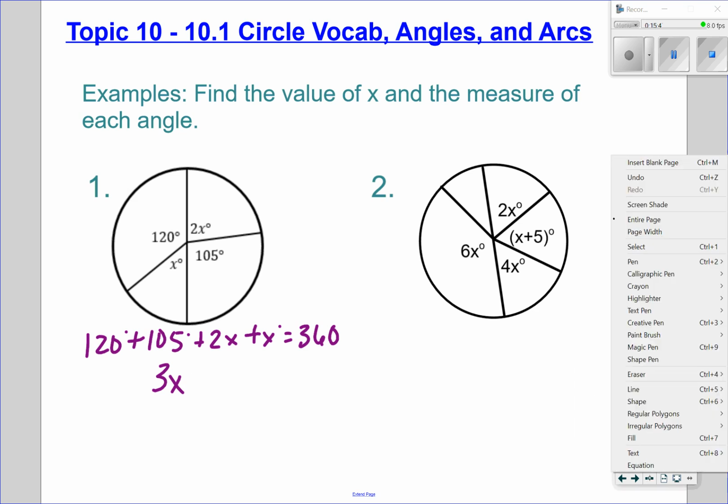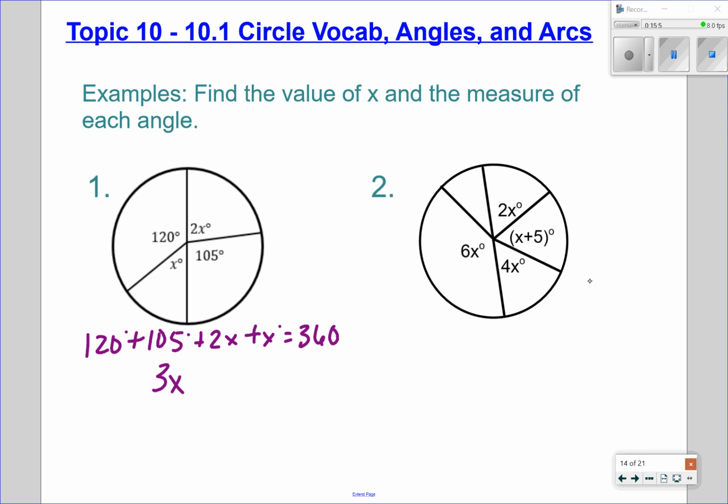So if I subtract those from both sides, and then I had my two like terms, I get 2x plus x is 3x. 360 minus the 120 and minus the 105, I'm going to set that equal then to 135. Solving, I would go ahead and divide by 3. So I'm going to get x equals 45 degrees.